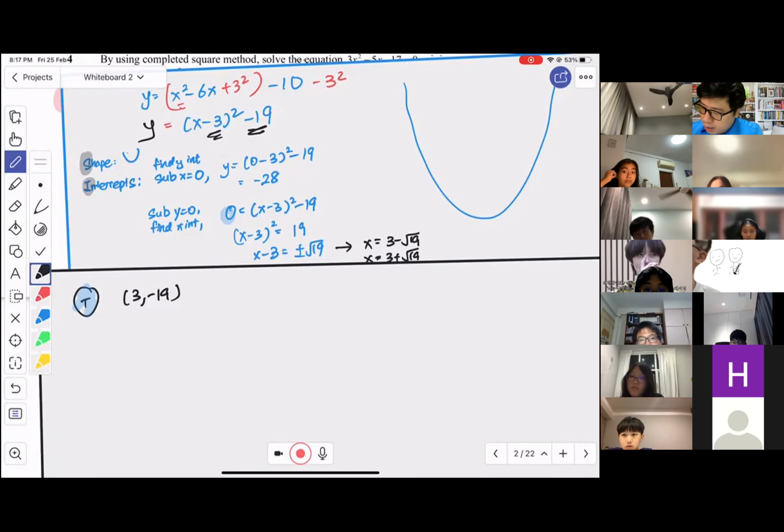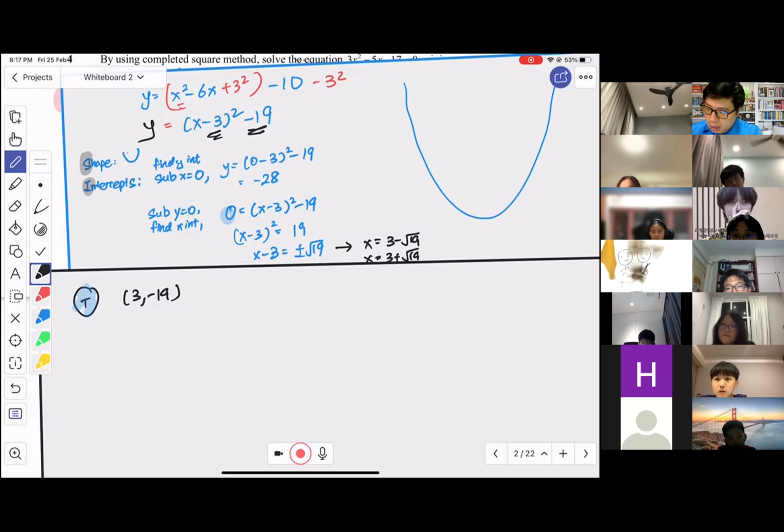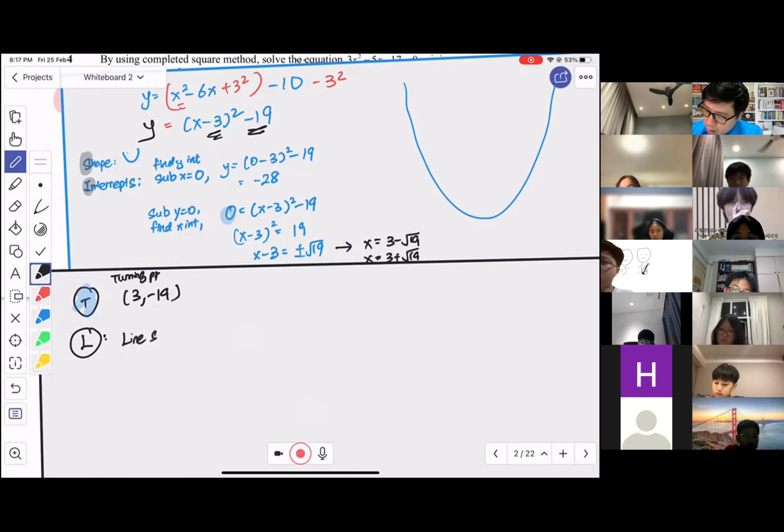Okay, so from here, after that, the next one is L. T stands for turning point, and L stands for line of symmetry. So the line of symmetry is basically the x coordinate of the turning point, which is just x equals 3.